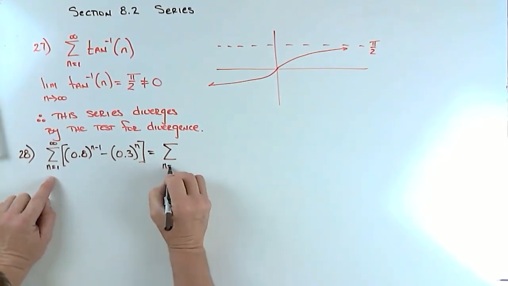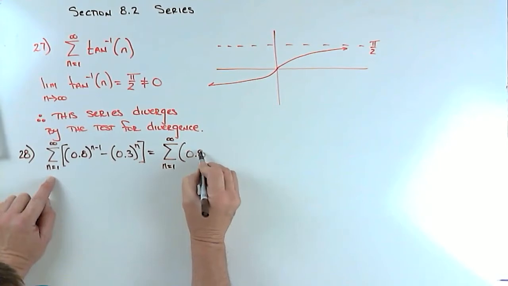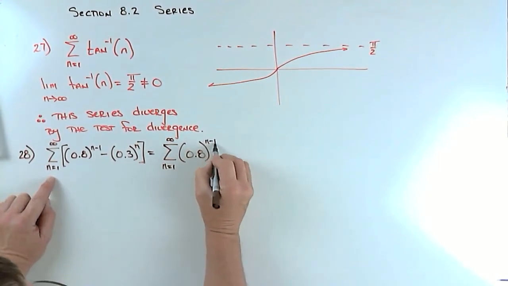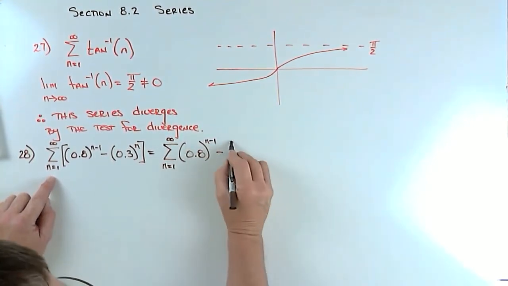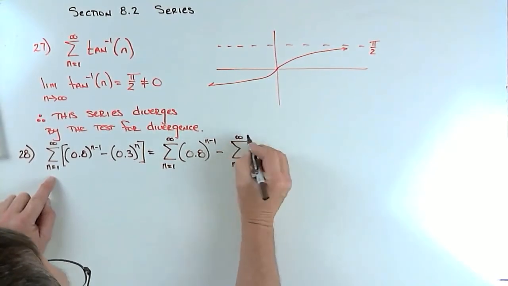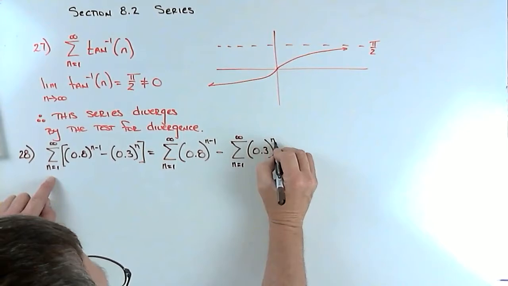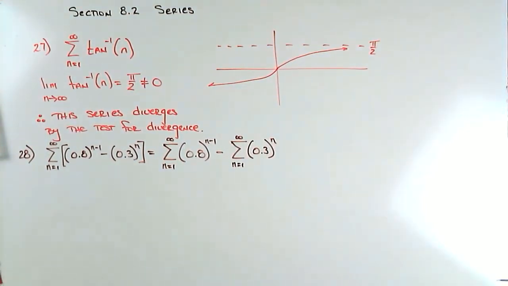This is n equals 1 to infinity of 0.8 to the n minus 1 minus the series n equals 1 to infinity of 0.3 to the n. And we can look at each of these series individually and see if they converge or diverge.